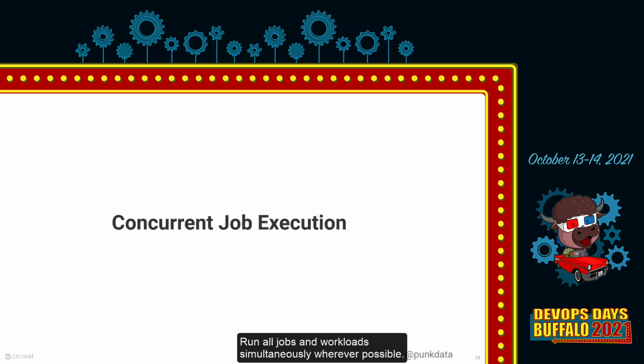Run all jobs and workloads simultaneously wherever possible. Parallel job execution is not possible in all cases, especially in situations where jobs require successful completion of other jobs. Running build jobs in parallel will dramatically decrease build job duration, resulting in shorter pipeline runs.